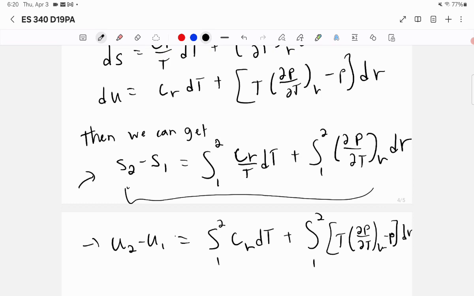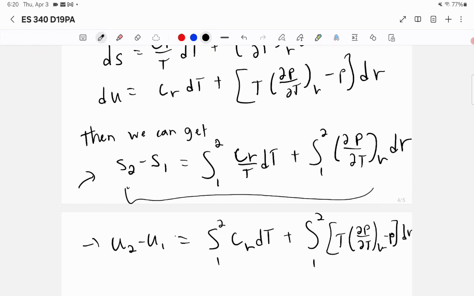I might not have covered it in previous videos. Okay, and then you can get very similar equations. Again, you can go down through.